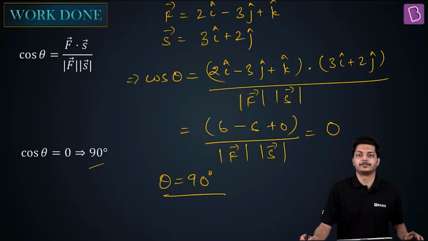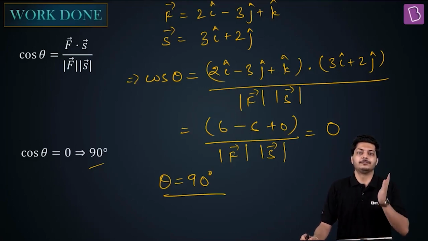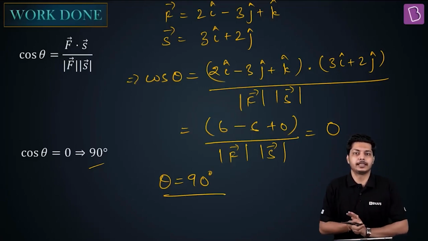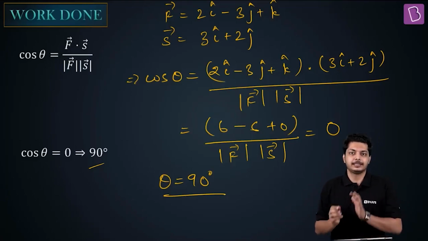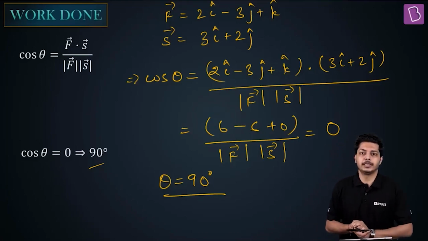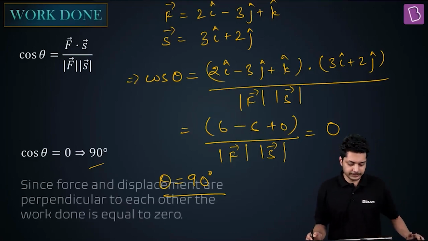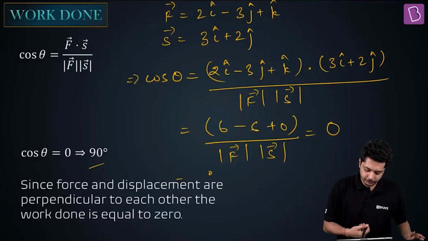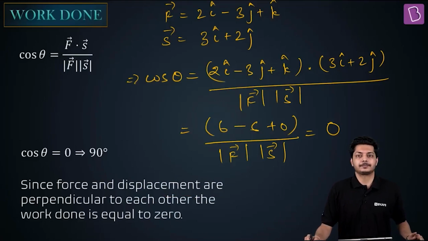What does that mean? This means that the angle between the force vector and the displacement vector is 90 degrees, right? If theta is 90 degrees, then the angle between force and displacement is 90 degrees. So we can say that these two, force and displacement, are perpendicular to each other.